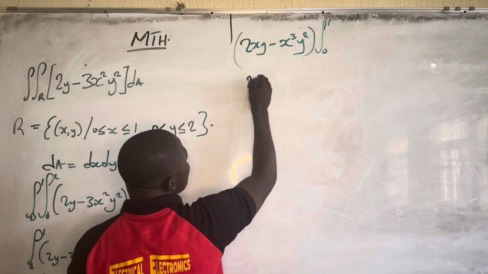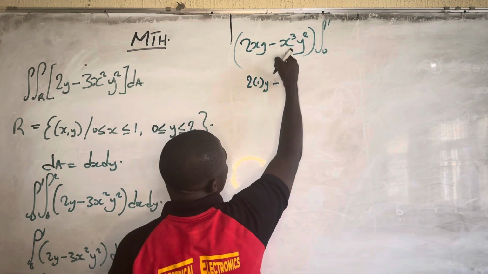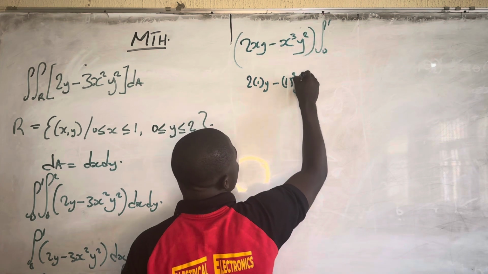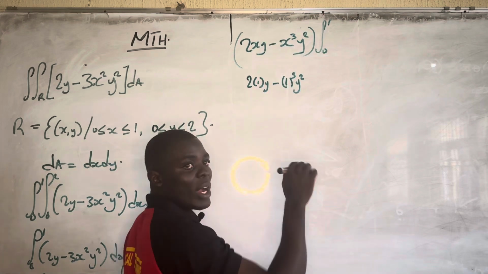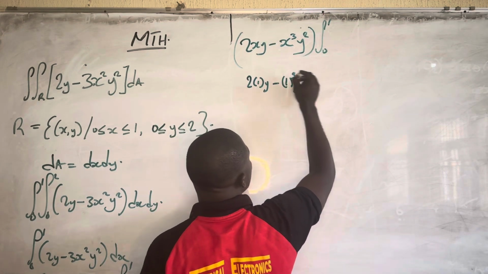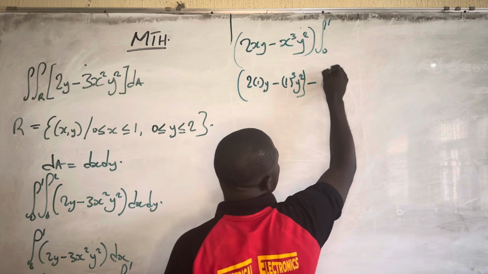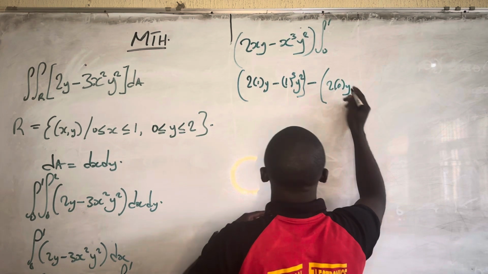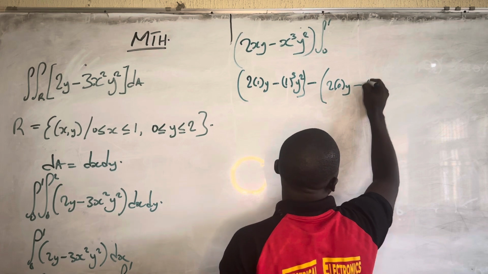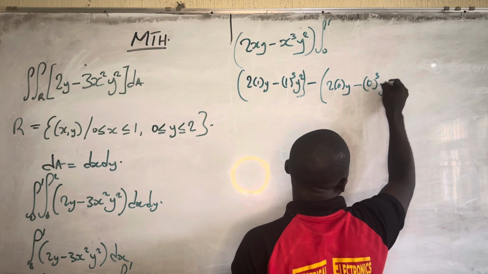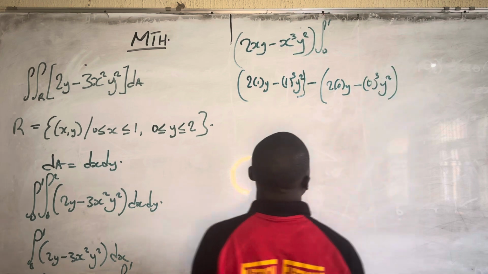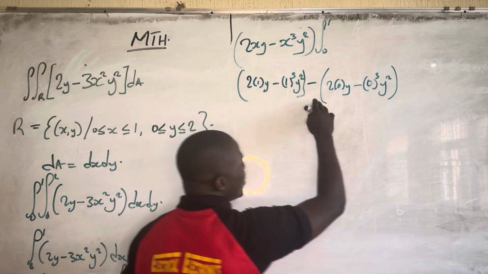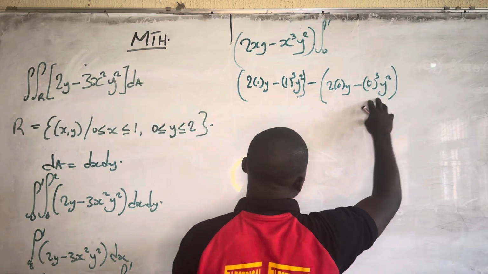So we have 2 times 1 times y, minus 1 raised to power 3, y raised to power 2, minus the lower bound: 2 times 0 times y minus 0 raised to power 3, y raised to power 2. Automatically, this side is equal to 0, so we leave it because it's 0.